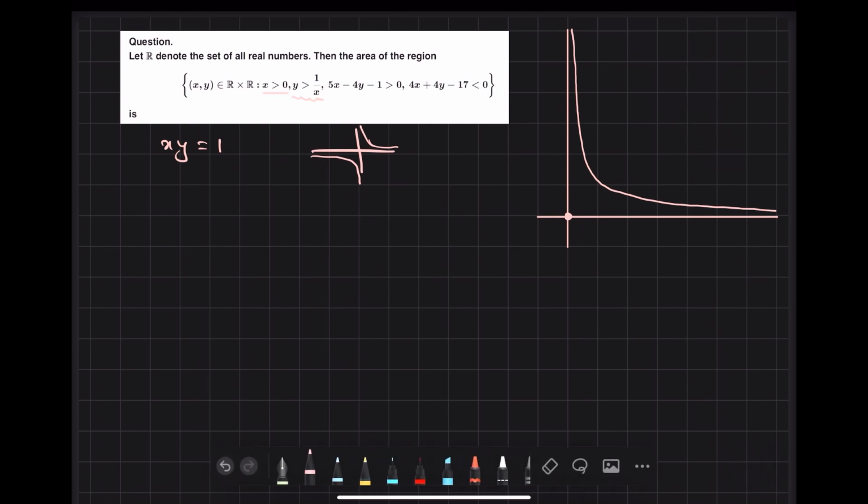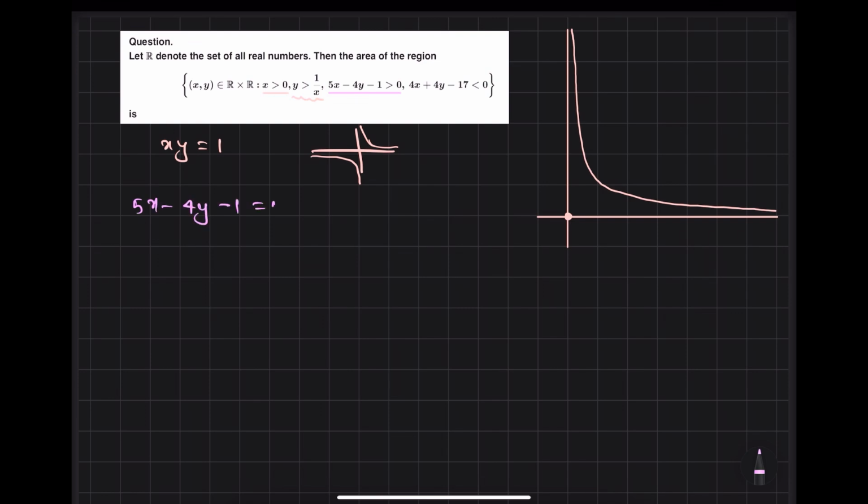Now let's try to draw the second diagram. The second is a straight line: 5x minus 4y minus 1 equals 0. Suppose x is 0. Then 4y will be equal to minus 1, which means y is minus 1 by 4, somewhere here.